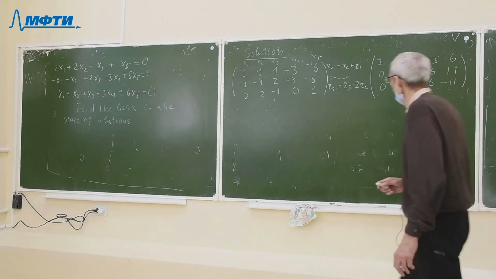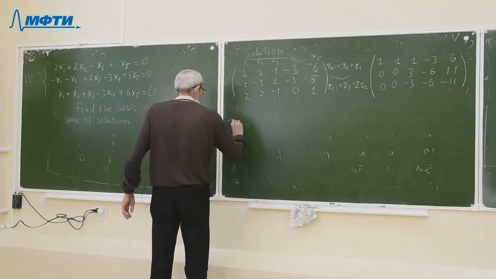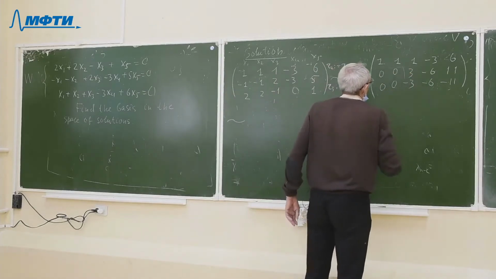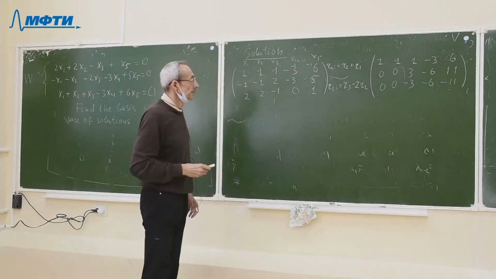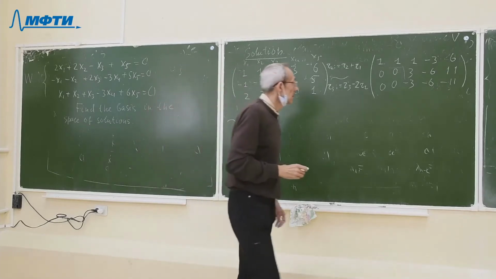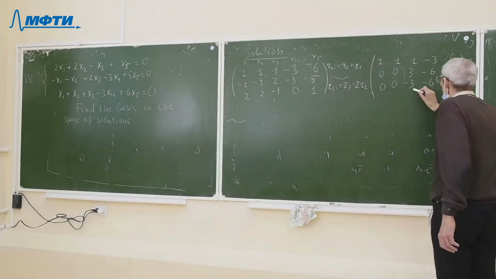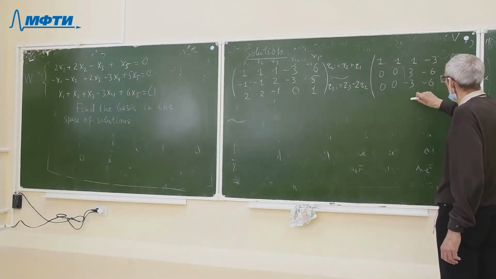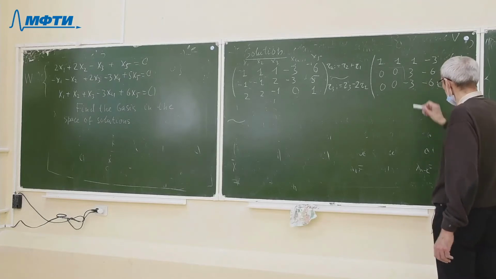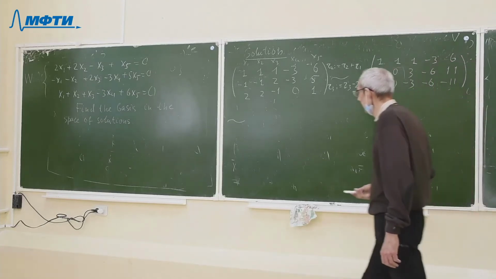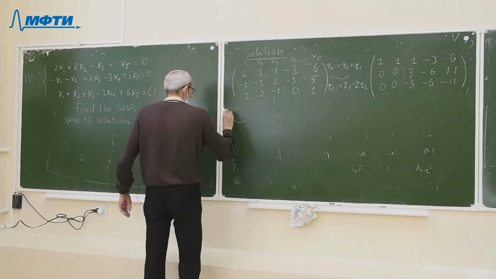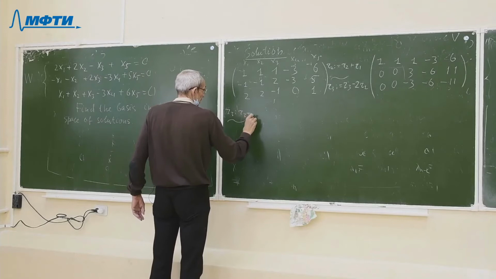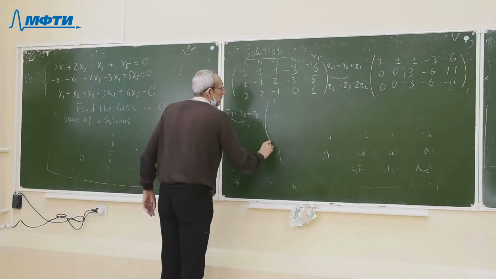And the last step: I add the second row to the end, and I put the third row equal to the third row plus the second row.